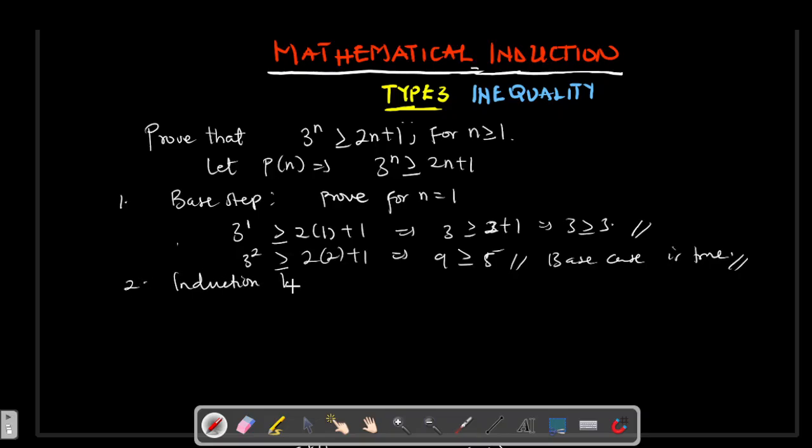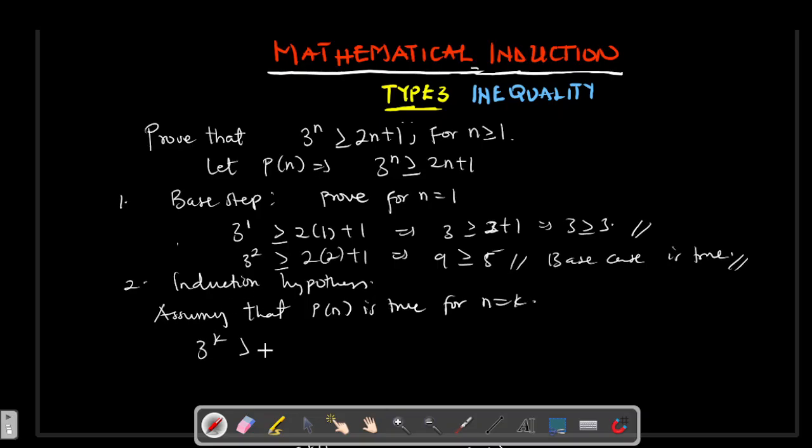For our induction hypothesis, what you're going to say is that, assuming the statement P(n) is true for n equal to k, so for n equals k we have our statement being true. Therefore, 3 to the power k is greater than or equal to 2 multiplying k plus 1 for k greater than or equal to 1.